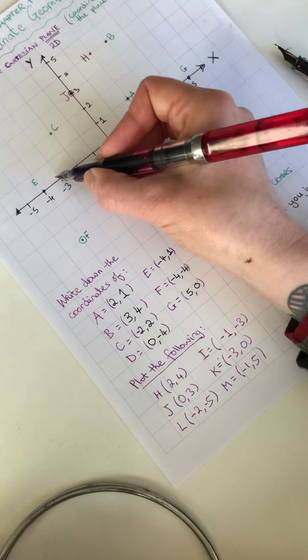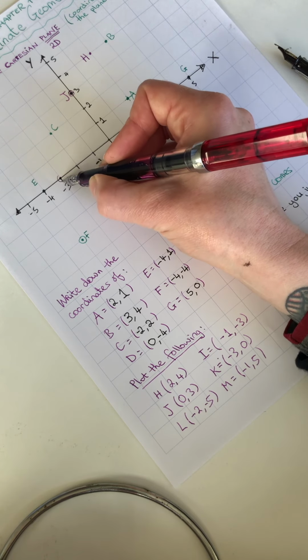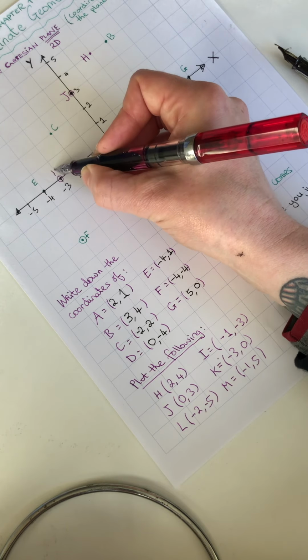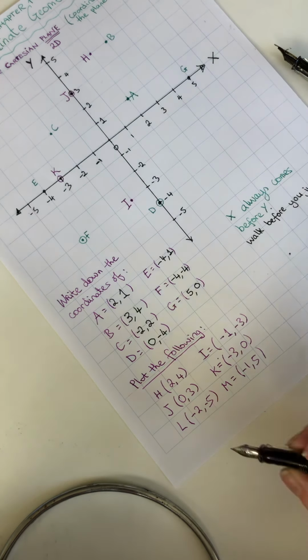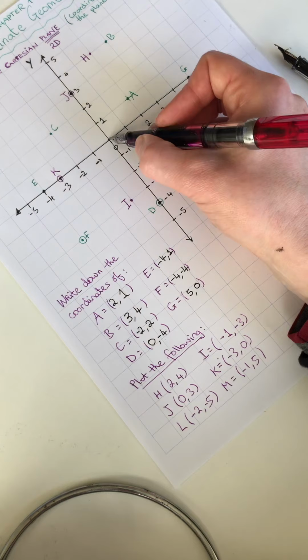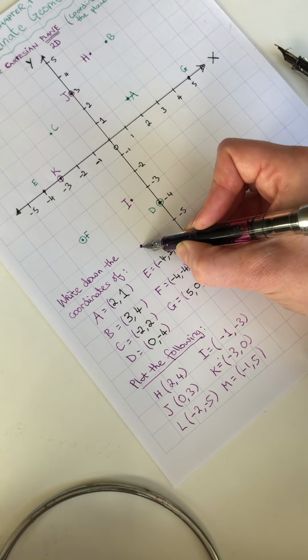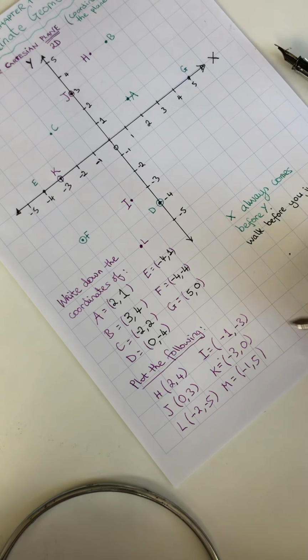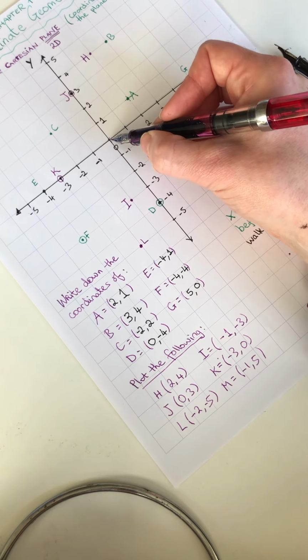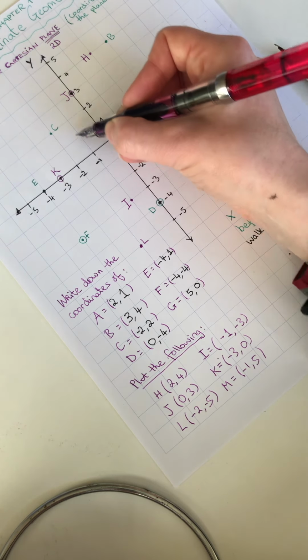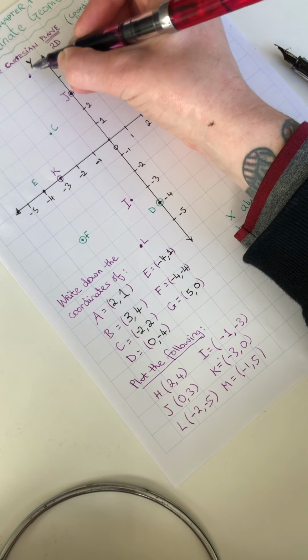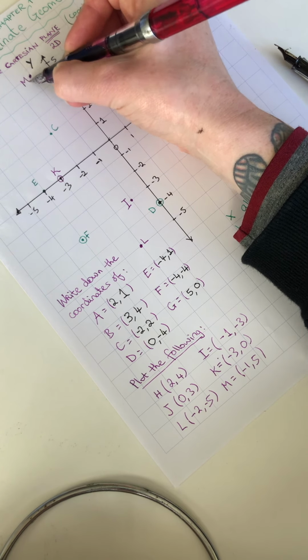So I go backwards 3 and then I don't jump up or down at all. It's K. L, minus 2, minus 5. Walk back 2, jump down 5. It's L. M, minus 1, plus 5. Walk backwards 1, jump up 5. And that's the point M.